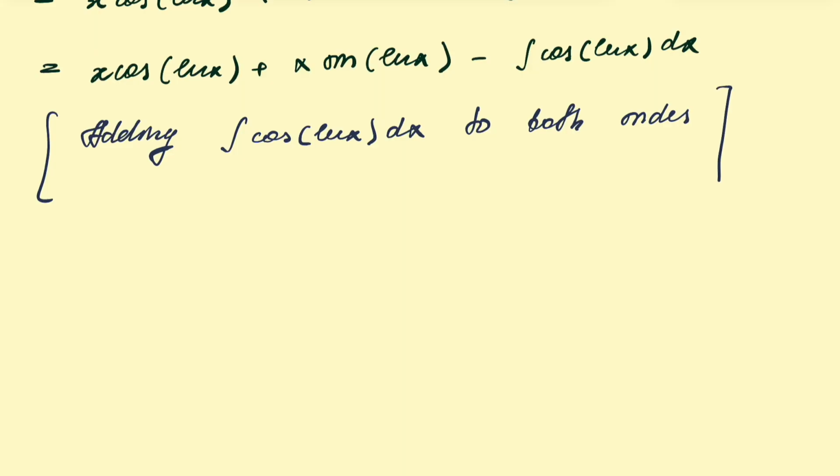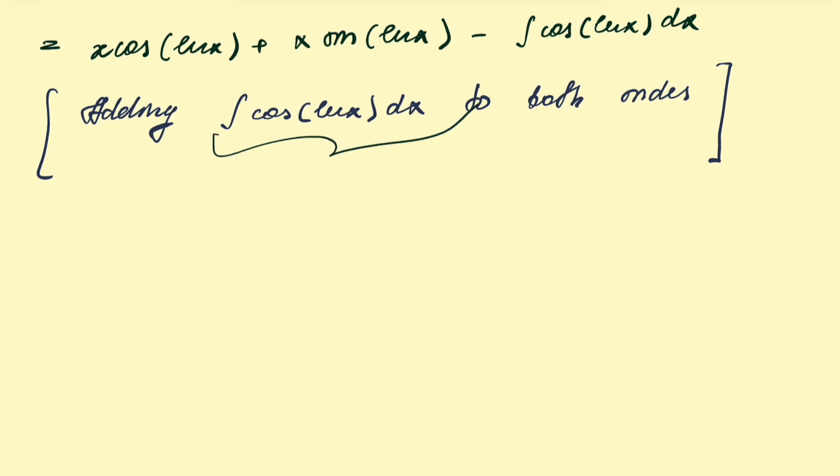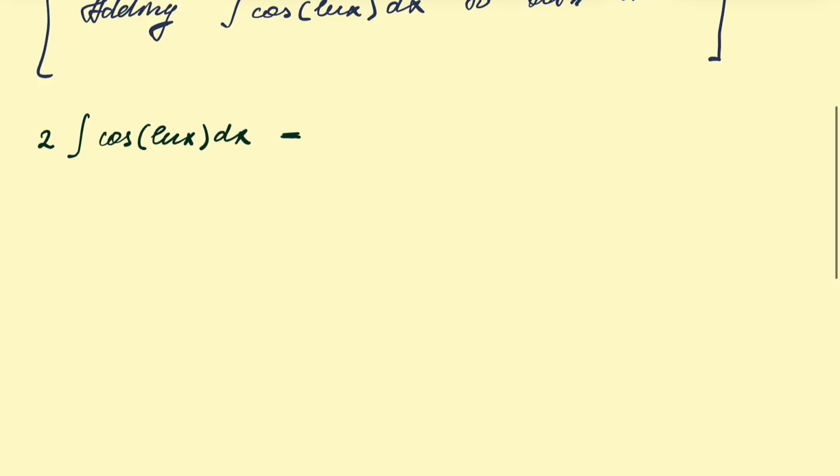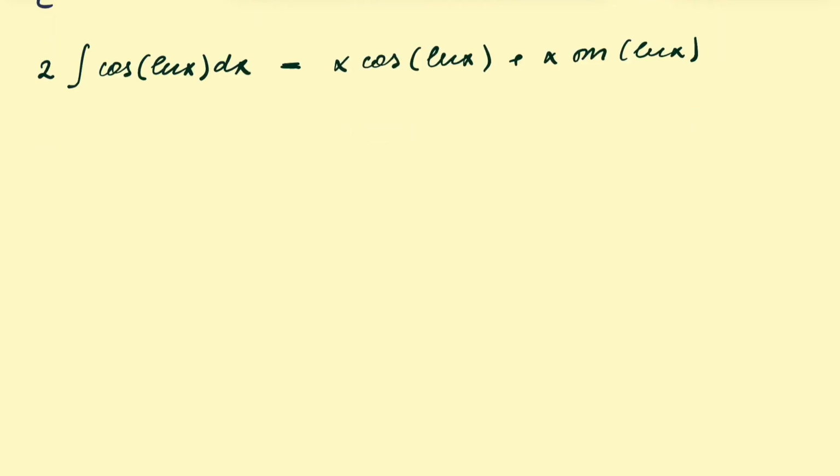Now if we add this expression to both sides of the equation, we obtain 2 times an integral of cosine of ln of x dx is equal to x times cosine of ln of x plus x times sine of ln of x. Now the integral which was desired is just the expression on the right divided by 2, and in the end we'll add some constant.